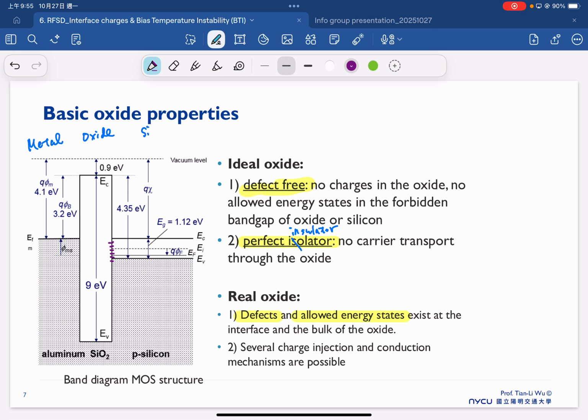Ideally this is a forbidden band region where we won't have any energy state, but because of the discontinuities at this interface and the SiO2, we always have allowed energy states here.